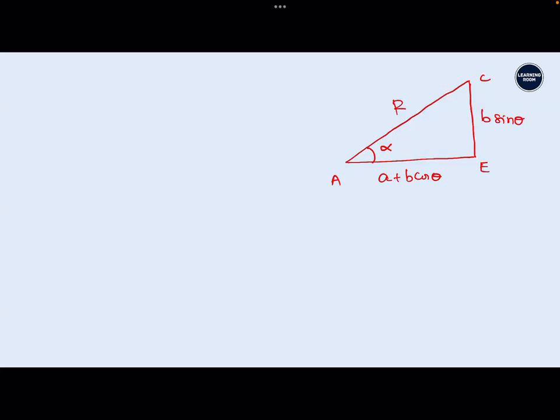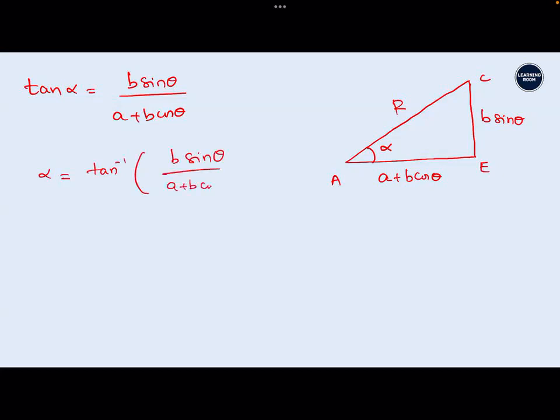When that is the scenario, can I say tan alpha is equal to B sin theta divided by A plus B cos theta? Because tan is opposite divided by adjacent. So alpha will be equal to tan inverse of B sin theta divided by A plus B cos theta.